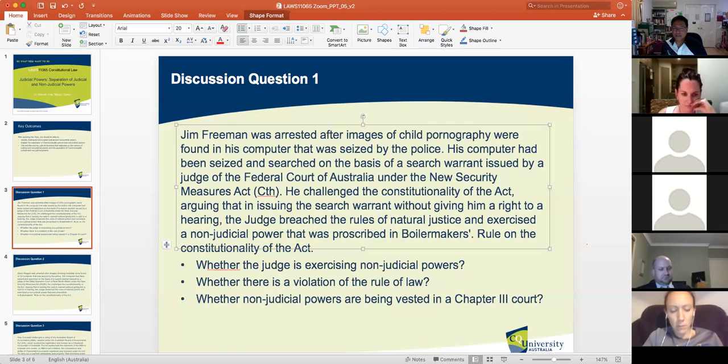So the issue of a warrant, in my mind, would be based on non-judicial powers. However, if it was to go to a magistrate, perhaps they could then still be exercising judicial powers, but not necessarily non-judicial powers. If you understand where I'm getting at?